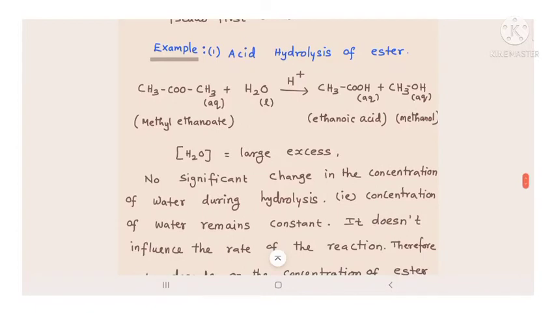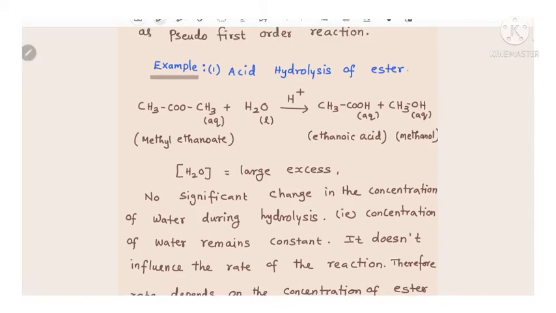The first example is acid hydrolysis of ester. I have given the equation. An ester is hydrolyzed, reacting with water in presence of an acid catalyst. The acid catalyst symbol is H plus.